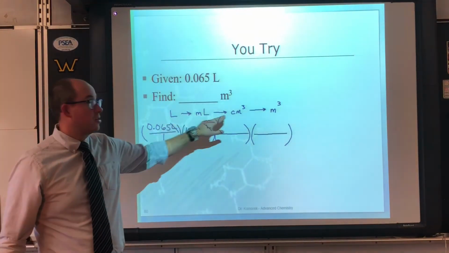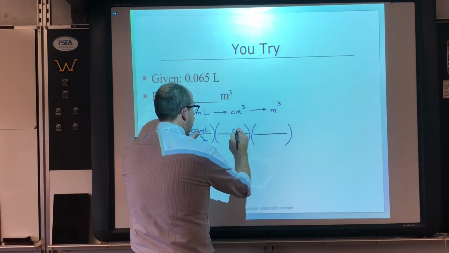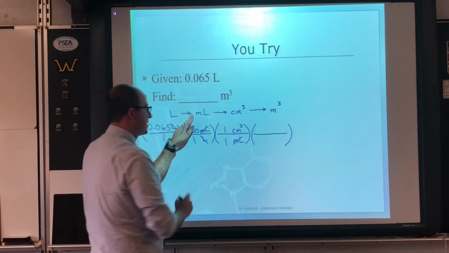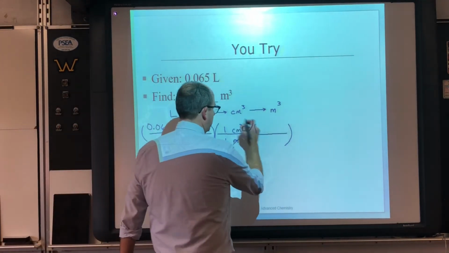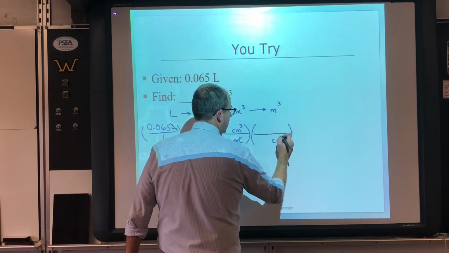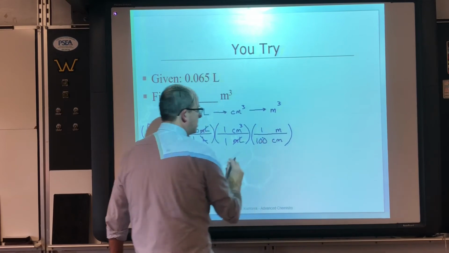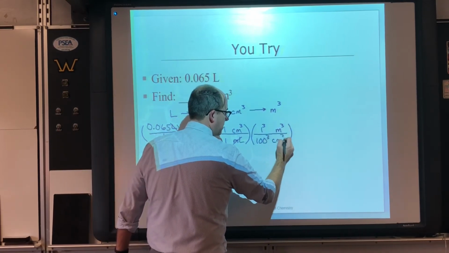And we move from milliliters to cubic centimeters. To cancel milliliters, it goes down the bottom. Cubic centimeters up top, and it's 1 to 1 with milliliters canceling out. In our last bracket, we're going from cubic centimeters, so I'll put centimeters here, meters up top. 1 meter is 100 centimeters, but this is cubed, so everything becomes cubed.